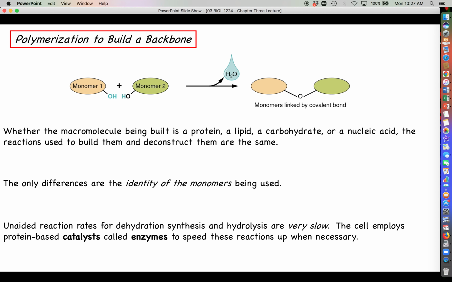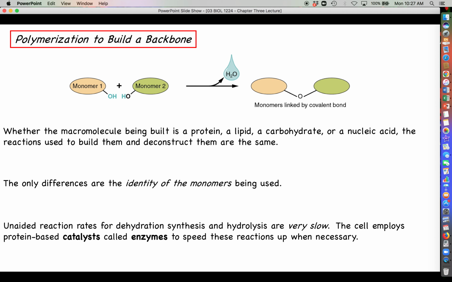So another important thing that we're not really going to appreciate, I think, until probably chapter 6 or so, when we start talking about thermodynamics and cellular energetics, is that the unaided reaction rates, meaning how many reactions you get per minute or per hour, for dehydration synthesis and hydrolysis are very slow.